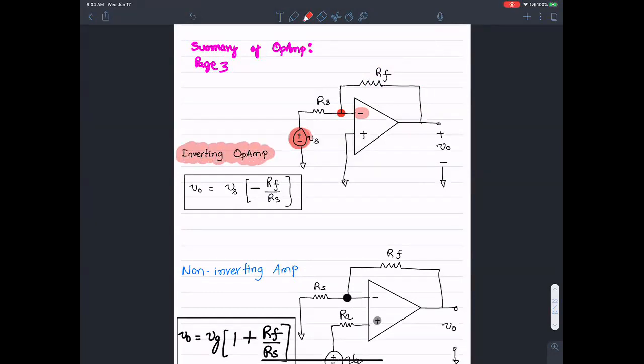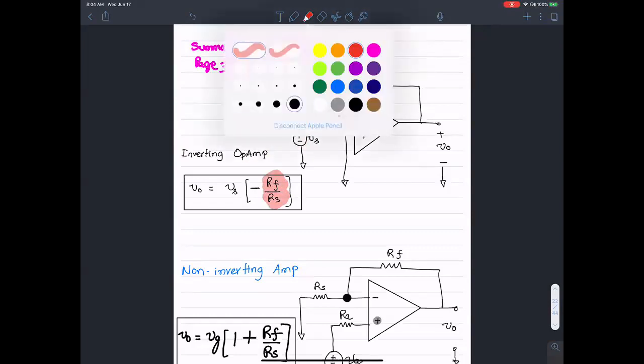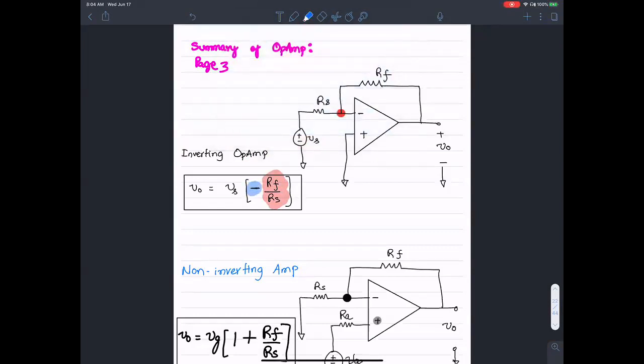The output voltage is an amplified and inverted version of the input. Don't forget the negative sign here. The input is multiplied by a gain factor RF over RS and an inversion coefficient of -1 to give us the inverting amplifier.